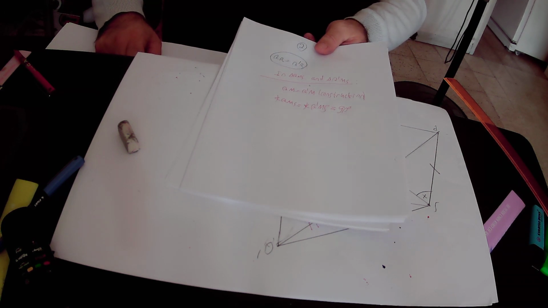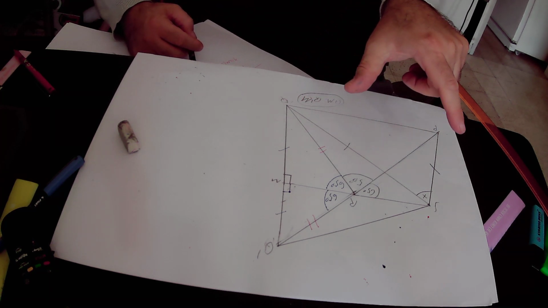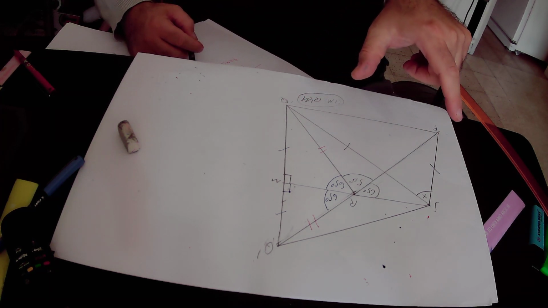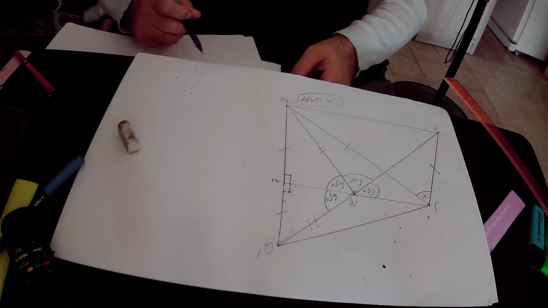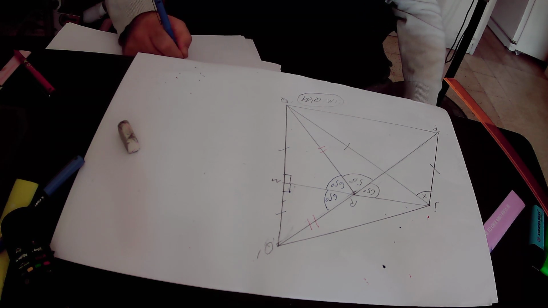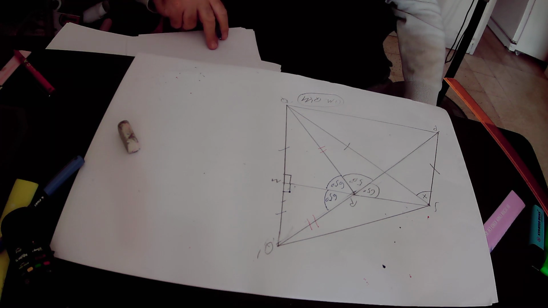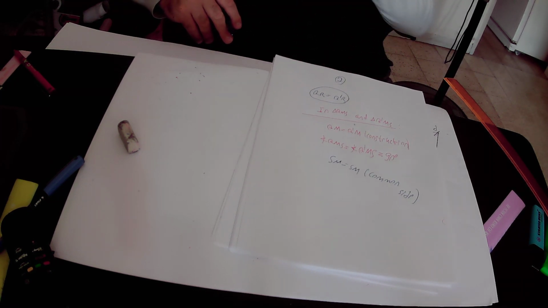They are both right angles. And also SM is a common side. It belongs to both triangles, so we can write down that SM equals SM. It is a common side.